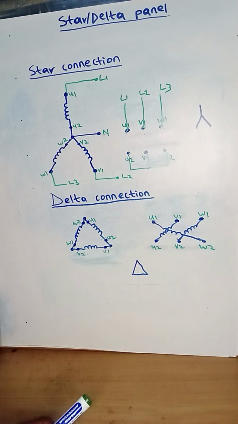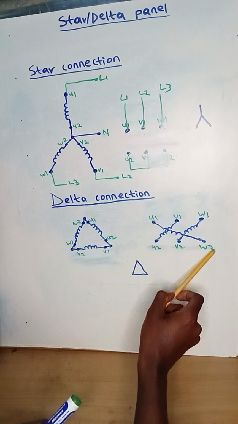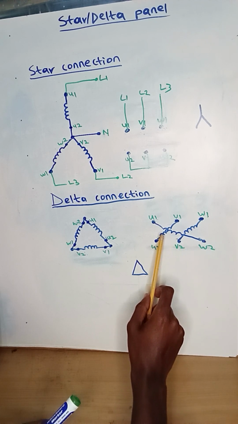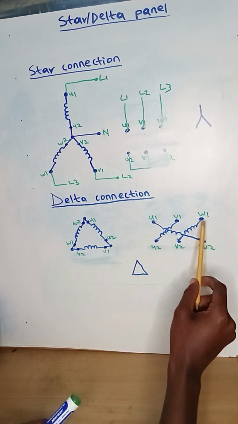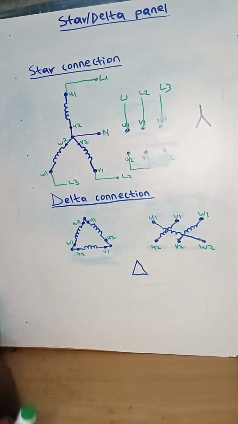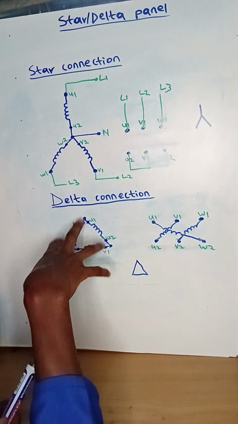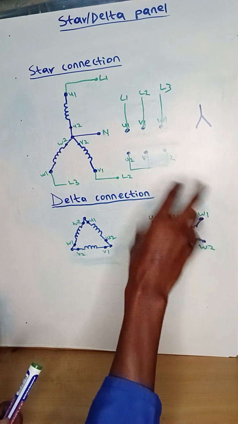So which means in this connection, U1 is connected to W2, and then V1 to U2, and then W1 to V2. So what is in this connection must correspond with this connection in here.